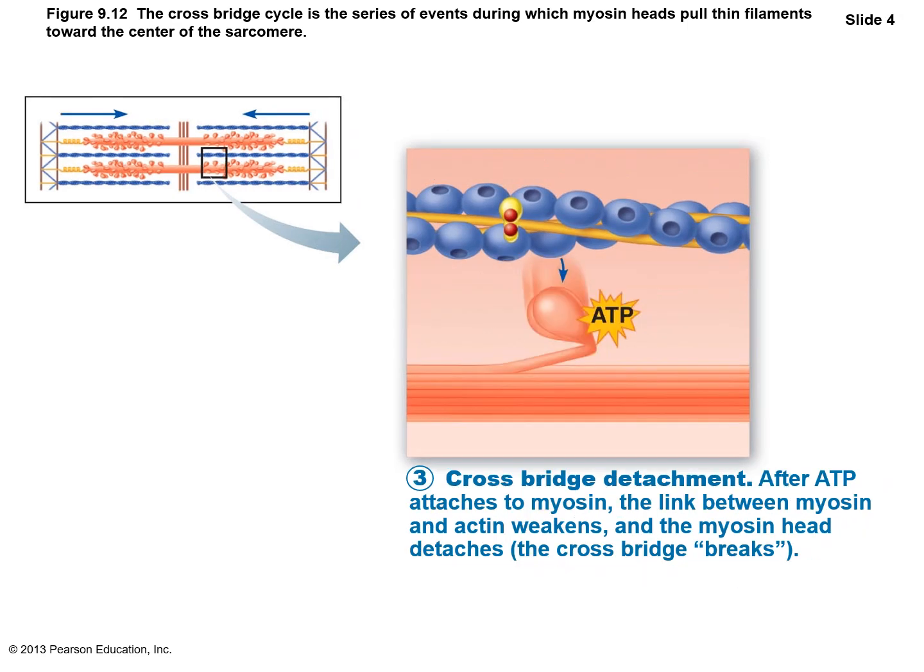The third step is cross-bridge detachment. After ATP attaches to myosin, the link between myosin and actin weakens, and the myosin head then detaches, which is another way of saying that the cross bridge breaks.